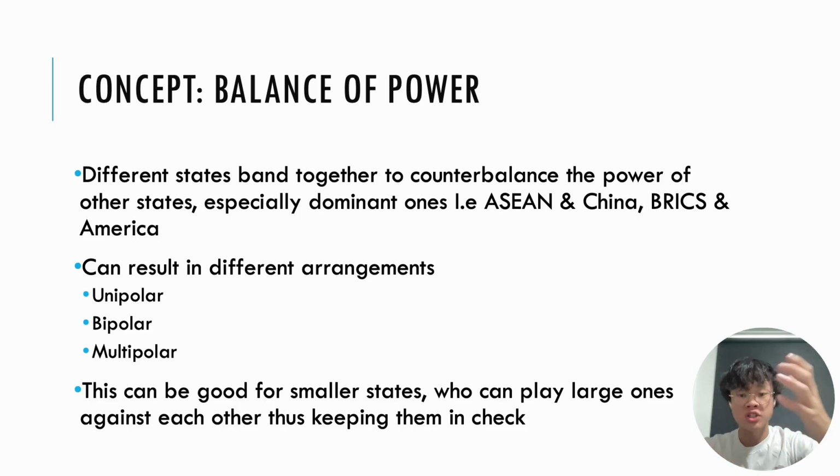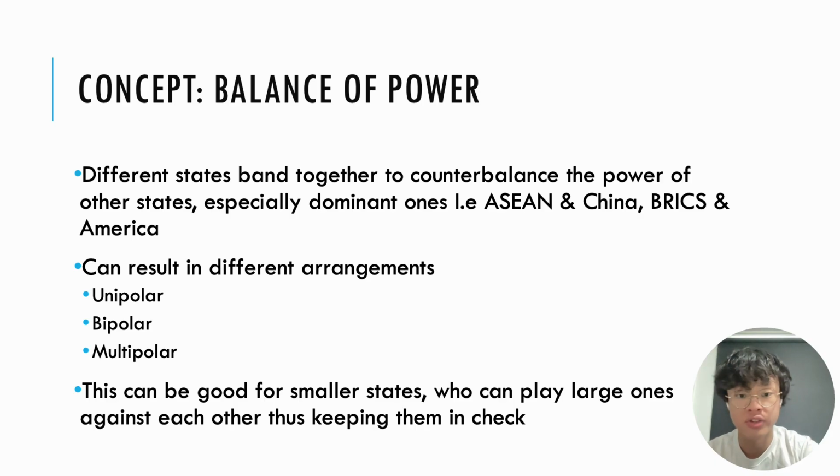That means that when larger states invade any one of the smaller states, the others will counterbalance and essentially come to the aid of the smaller countries, pooling their manpower and resources together to ensure their own survival and safety. So in the balance of power, that's what balancing behavior means, and that's what the balance of power refers to.